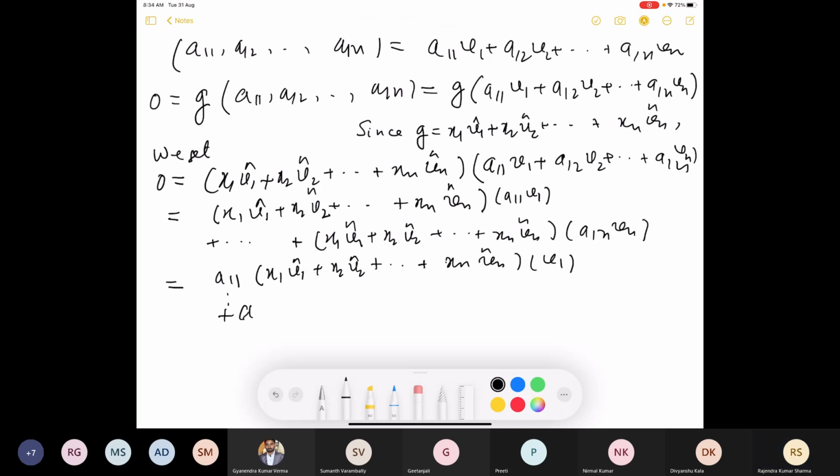x1 v1 hat plus x2 v2 hat, xn vn hat on vn.